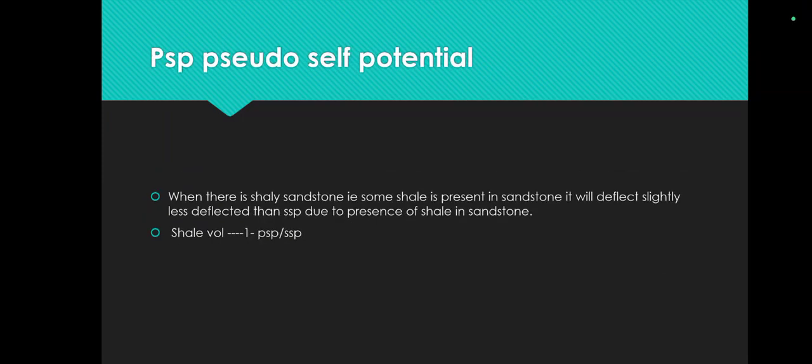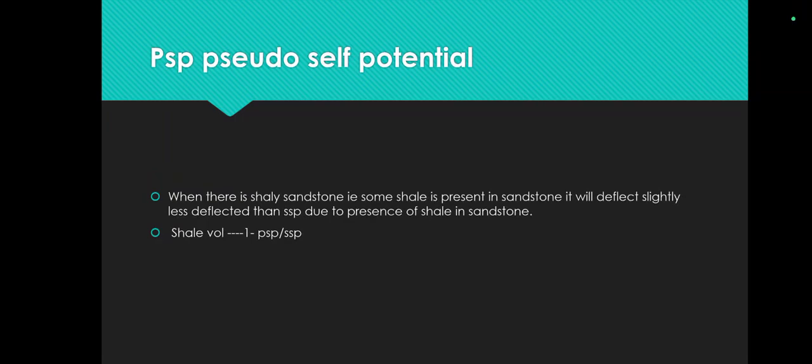Now coming towards the pseudo self potential. When the formation contains a little shale, for example when sandstone contains a little shale in it, that shale resists the current passing through it, and the curve is a little more suppressed than the normal SSP curve.